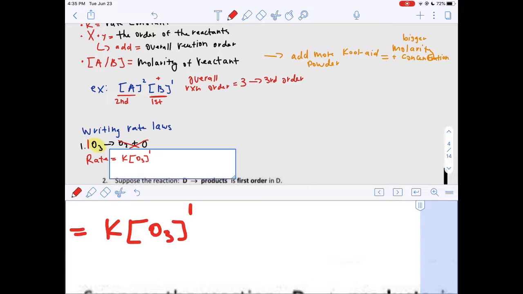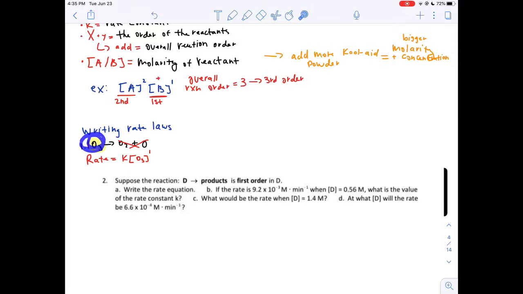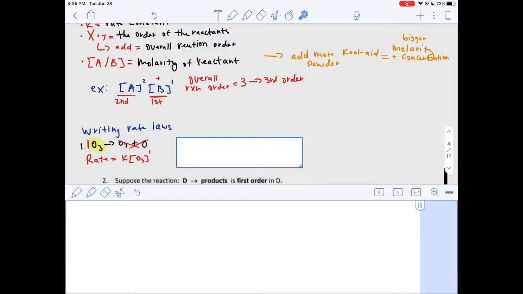So that's how you calculate the orders of each element when looking at an equation. You kind of transcribe it. The amount of each element is then going to be your order exponent, which I hope makes sense.